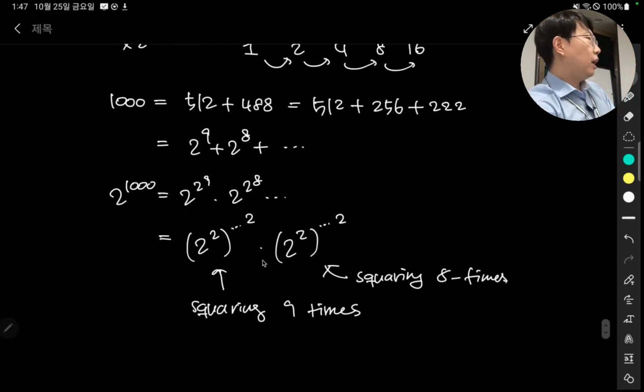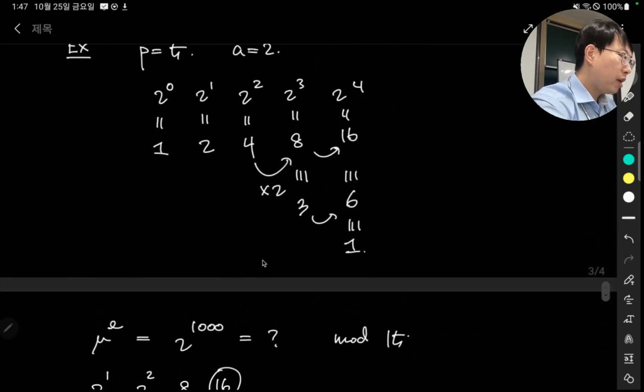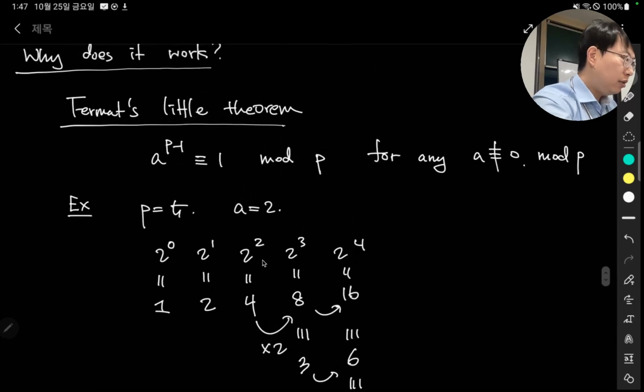So what I'm saying here is taking an exponent of something doesn't take much time. Okay, so it's an easy computation, so that Bob can prepare his message easily, and also Alice can decrypt the message easily.